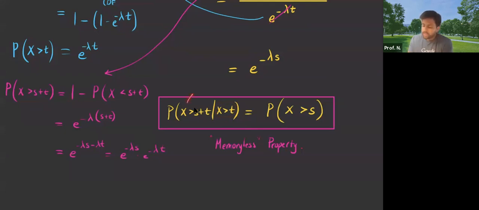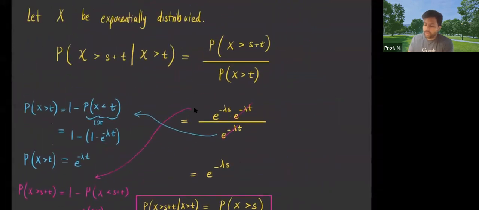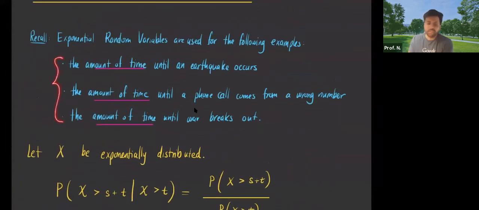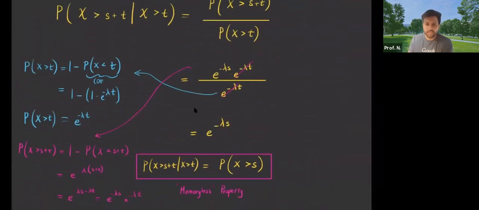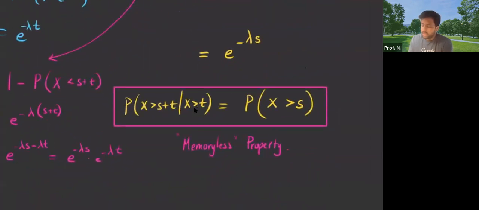So suppose X is one of these three scenarios. Let's say the T represents the amount of time until war breaks out. So suppose the war will break out more than 100 years from now, given the fact that there has already been 200 years.